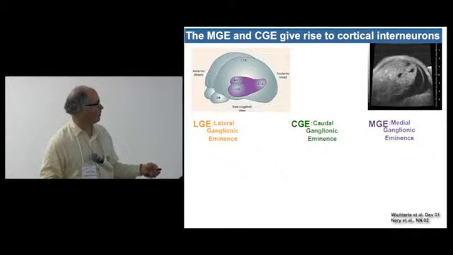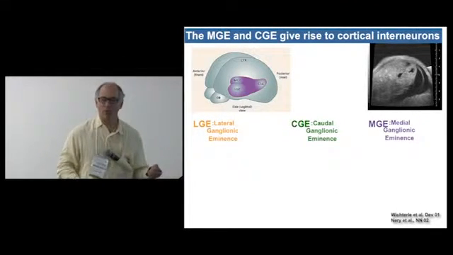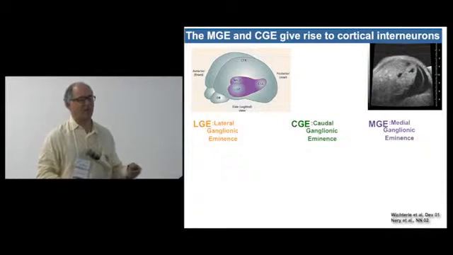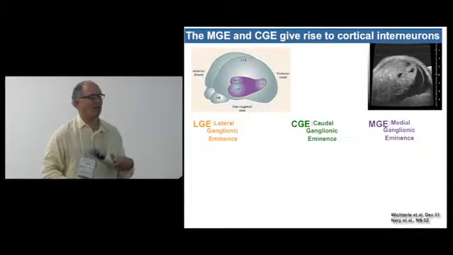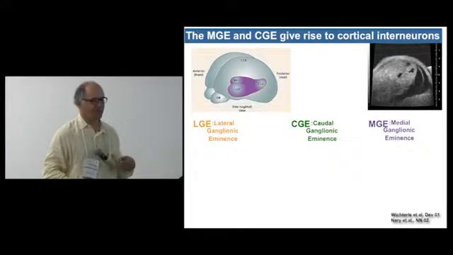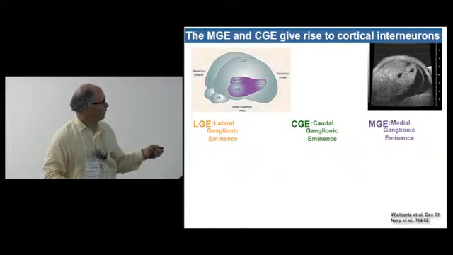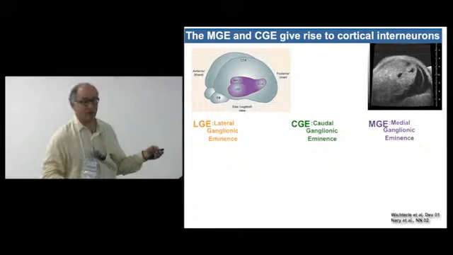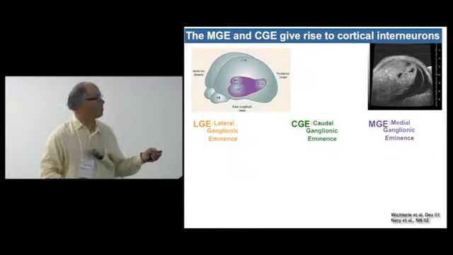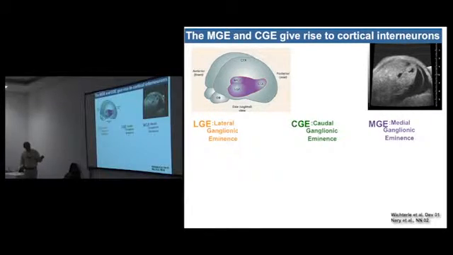This is really through the work of many, many people, including Oscar Marín, Nicoletta Tekki-Caceres, and Nenad Sestan. Many, many people have contributed to this. We've realized that all the interneurons in your cortex, and actually, as it turns out, striatum, hippocampus, and amygdala, come from one of 2 structures.